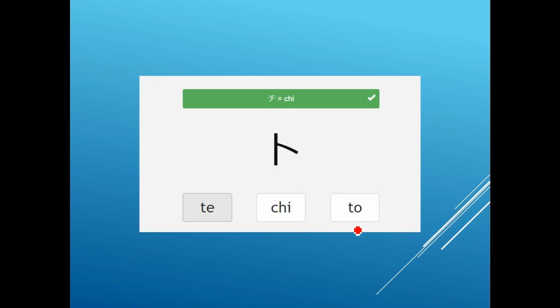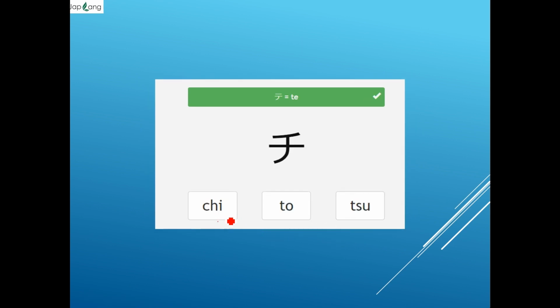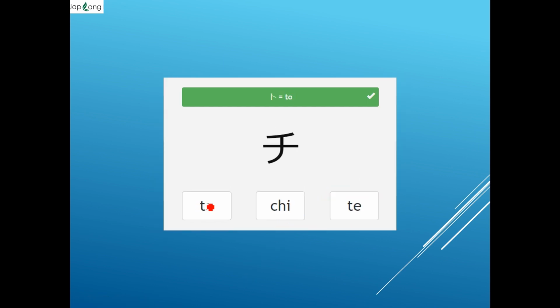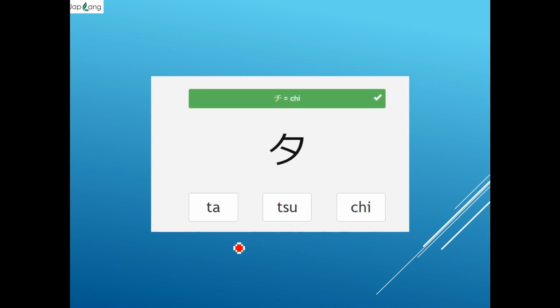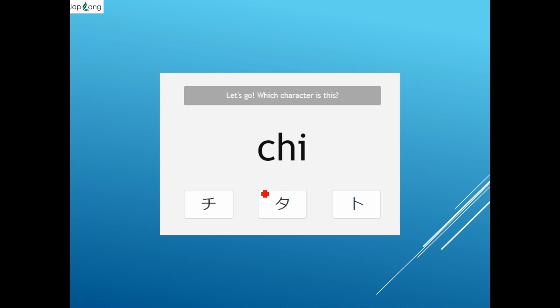This is to. This is again telephone pole, te. This is chair. This will be to. This is again chi. This is ta. Which one is chi? This, or this? First one is the right answer.